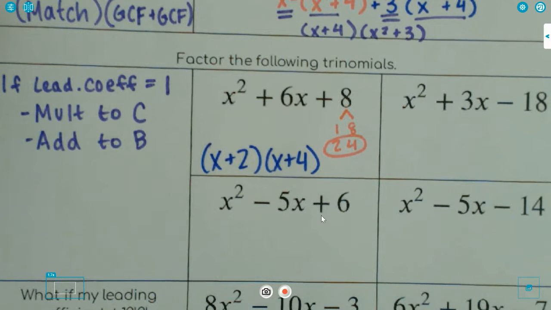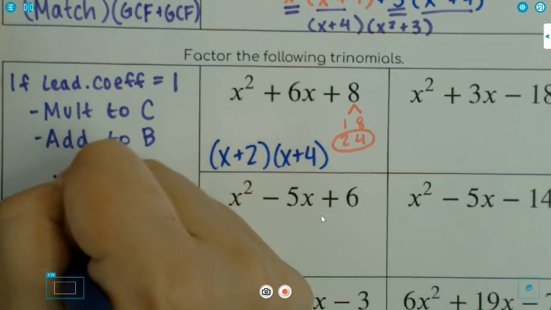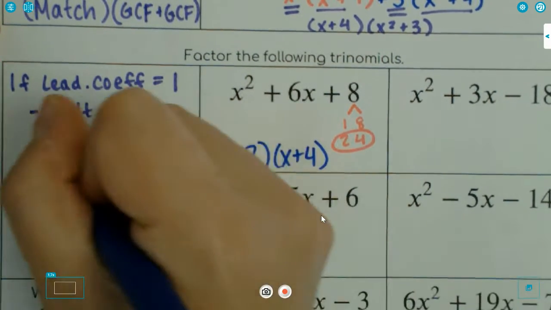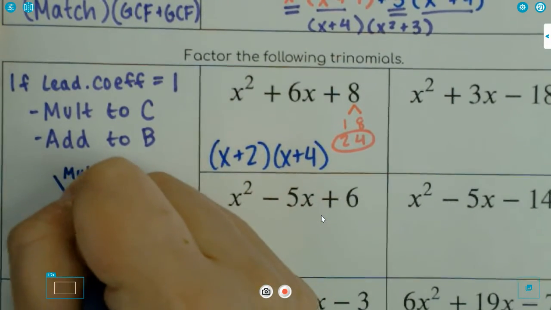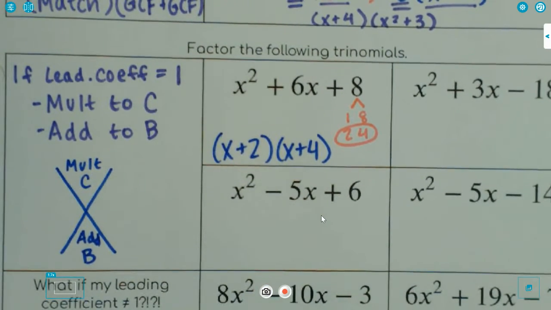Is that like the x method? Yes. If you like the magic x, you put your c up top, you multiply to c, add to b. So this is just a way to visualize it in your head.